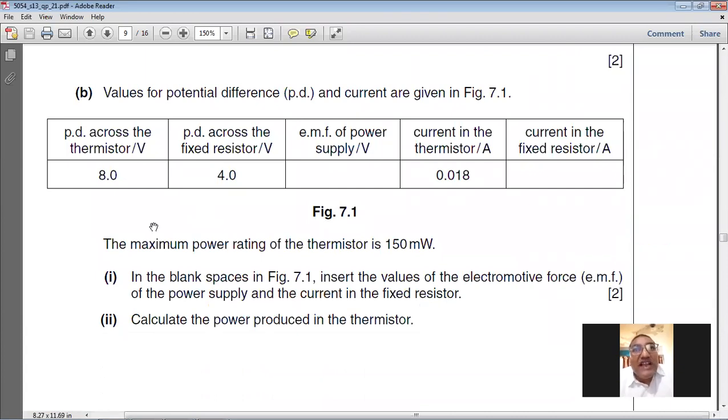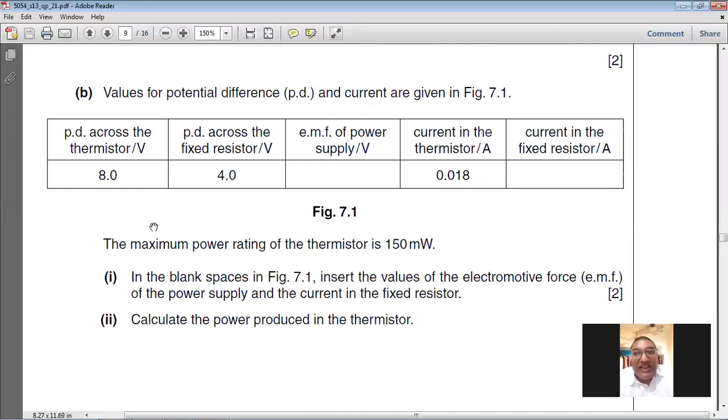Values for potential difference and currents are given in figure 7.1. Potential difference across the thermistor is 8 volt. Potential difference across the fixed resistor is 4 volt. What will be the EMF of the power supply? You know, in the circuit we have drawn, there were only two resistors. One is the thermistor and one is the fixed resistor.